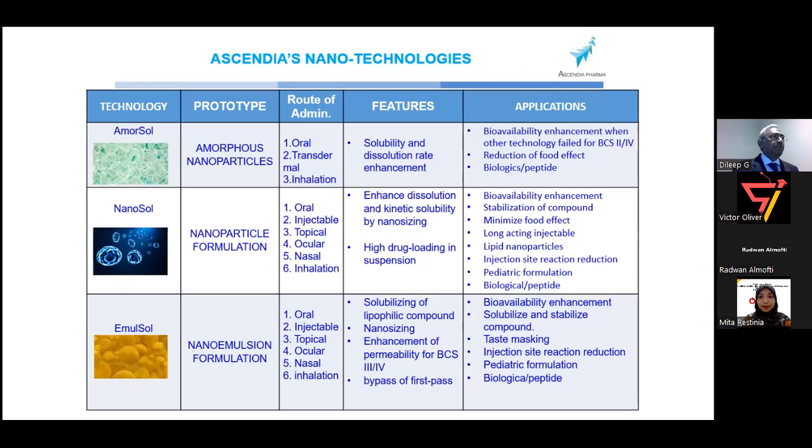So in this slide you're seeing this technology. We can have different modalities, different applications as well. I mean, you need to understand, if a client comes to us and says, this is the molecule, you want to take it to phase 1, and this is your responsibility, come up with a plan, we like to take it to phase 1.